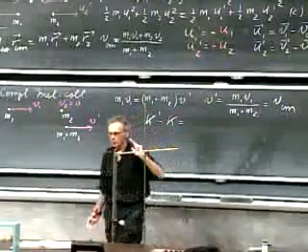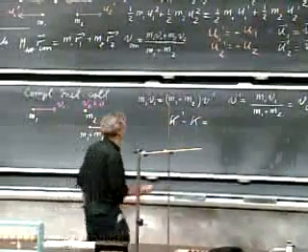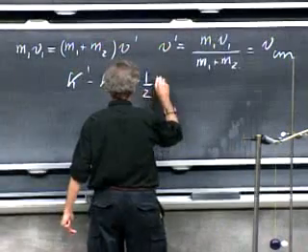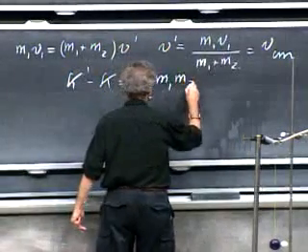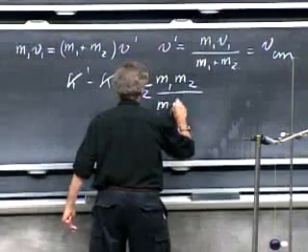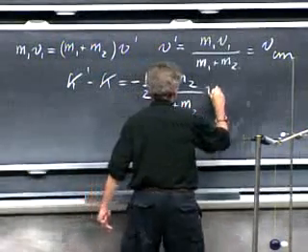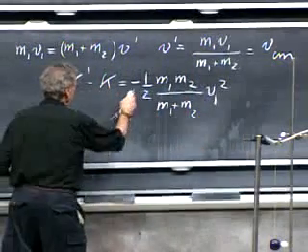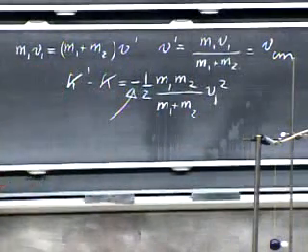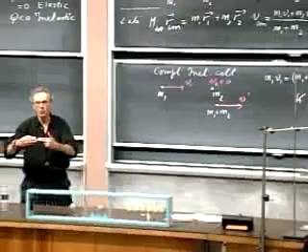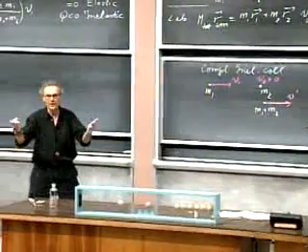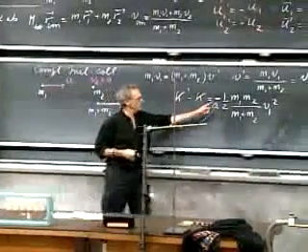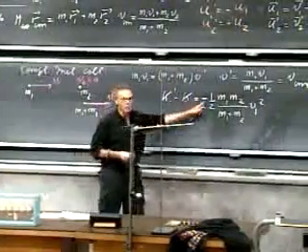I'm sure you can do that, and you will see that this equals, after massaging the algebra a little bit, minus 1/2 m1 m2 divided by m1 plus m2 times v1 squared. That's what you will find. The minus sign is predictable. We lose kinetic energy. When there is a completely inelastic collision, as we saw last lecture in every single case, you lose kinetic energy. That's what the minus sign means. This is Q.